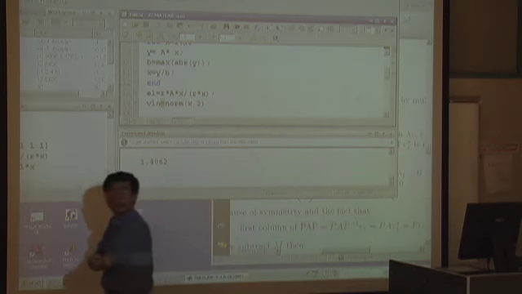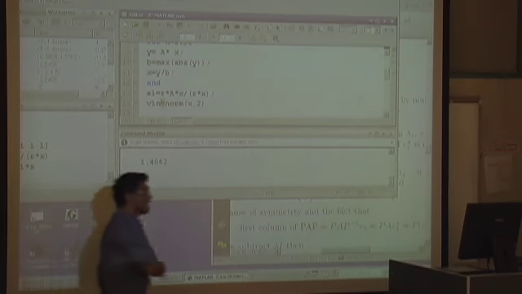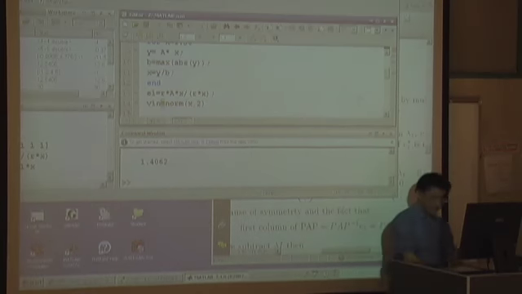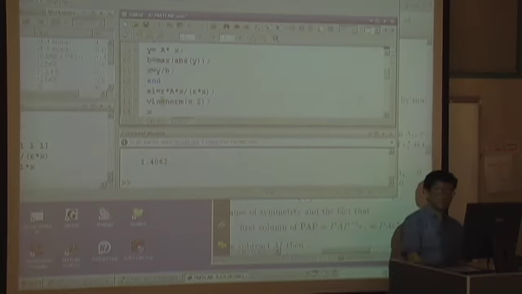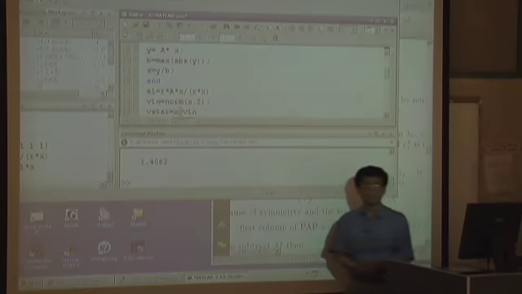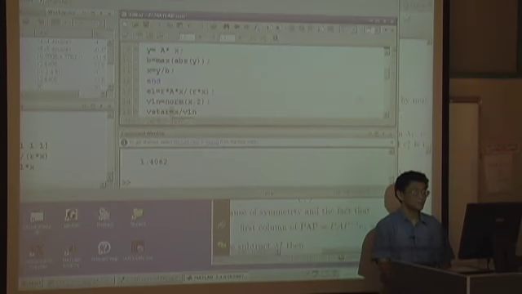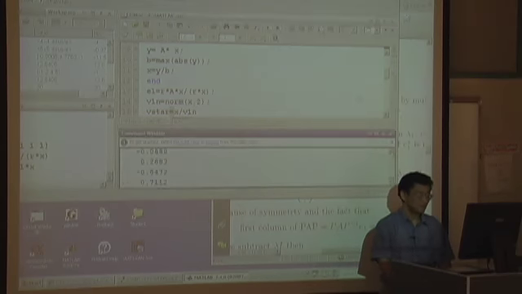Could be, right? 1.4 is the norm of x. Then x should be divided by the V1 norm. This is called V star, right? So let's do it. So V star is found.